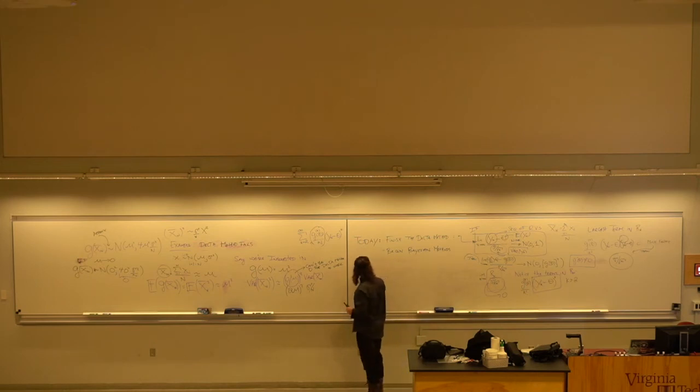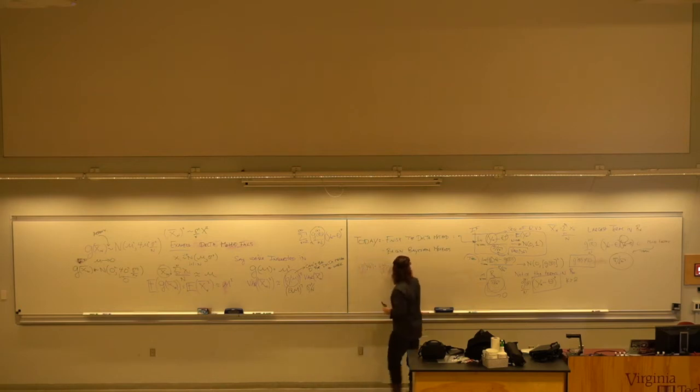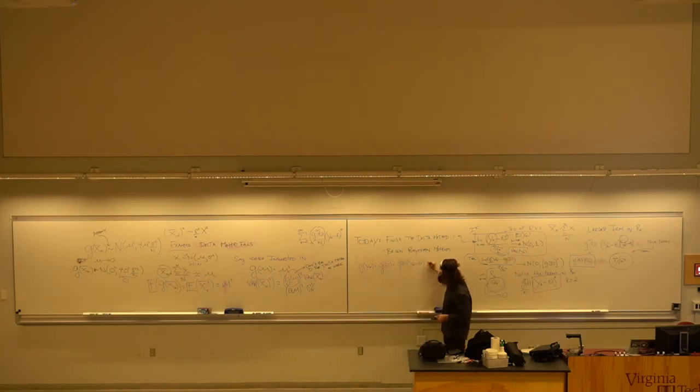So g of Yn is g of theta plus g prime theta times Yn minus theta, and then some other terms: g second derivative theta divided by 2 factorial times Yn minus theta squared.